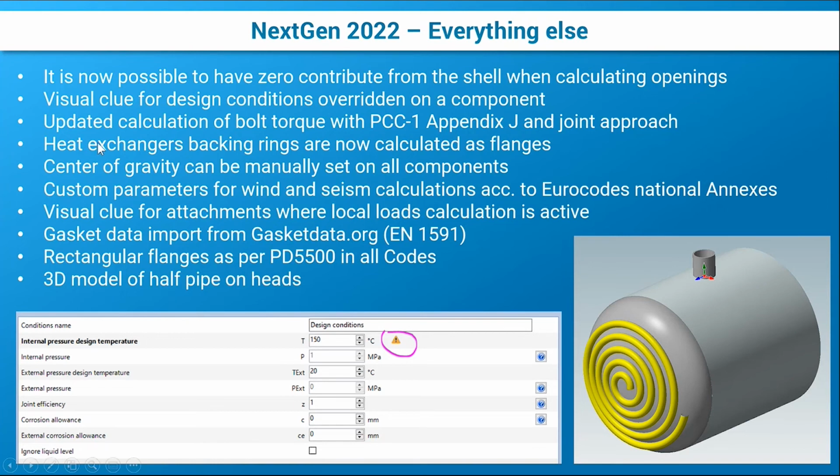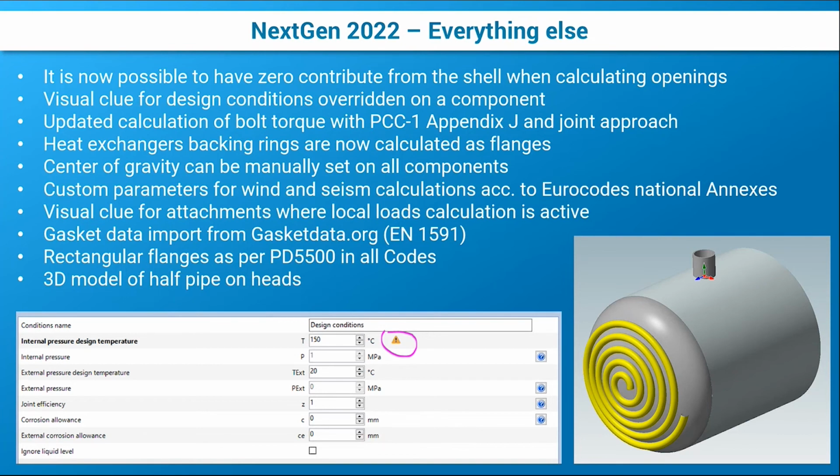We have updated the calculation of bolt torque with PCC-1 Appendix J and joint approach. So you have more options when calculating the bolt torque now. The heat exchangers backing rings can be now calculated as flanges, and previously they were an idle component, so they didn't have any calculation.